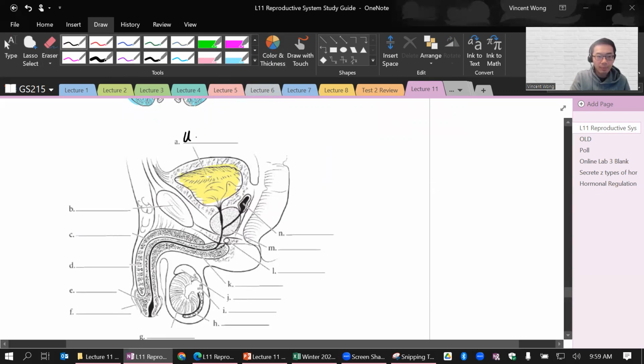So this is a different A now, different diagram. That is the urinary bladder. Now there is that bone again, cartilage instead, actually. Symphysis pubis.